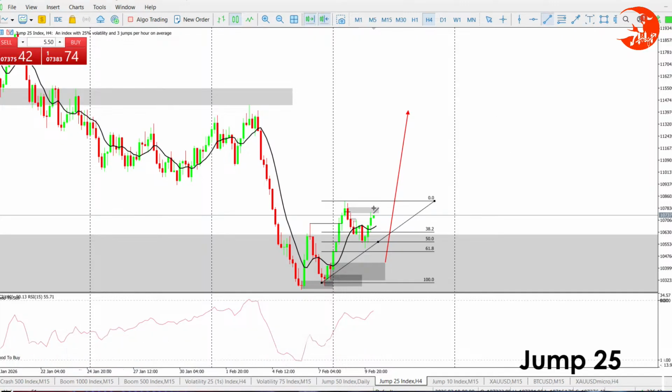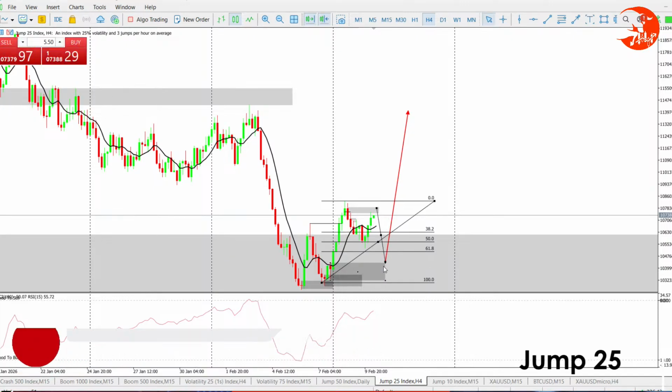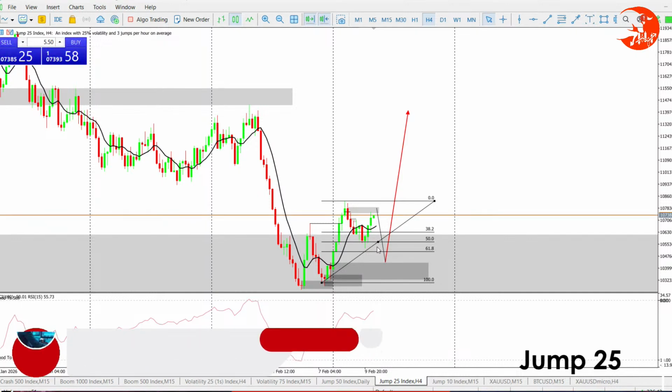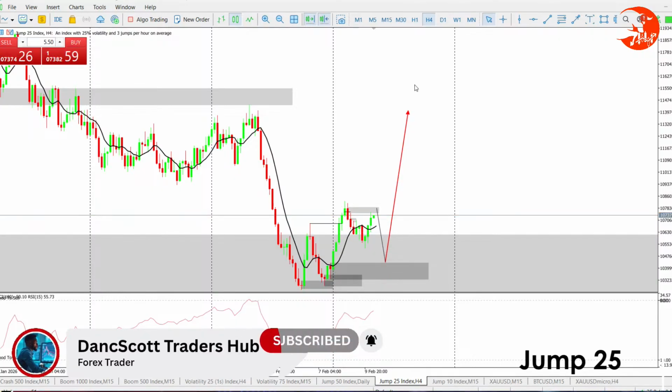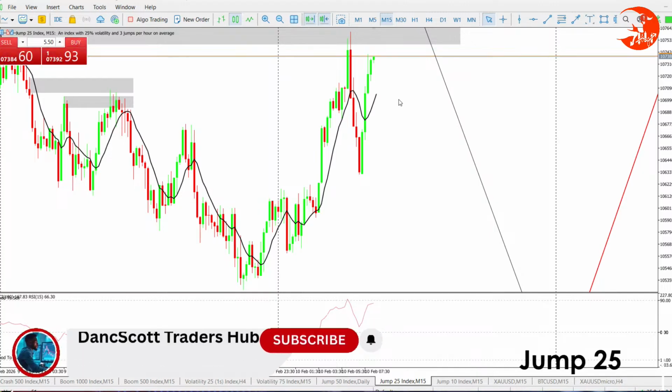We need something like this from around there, this order block right here. So that's why I'm skeptical to make buys.